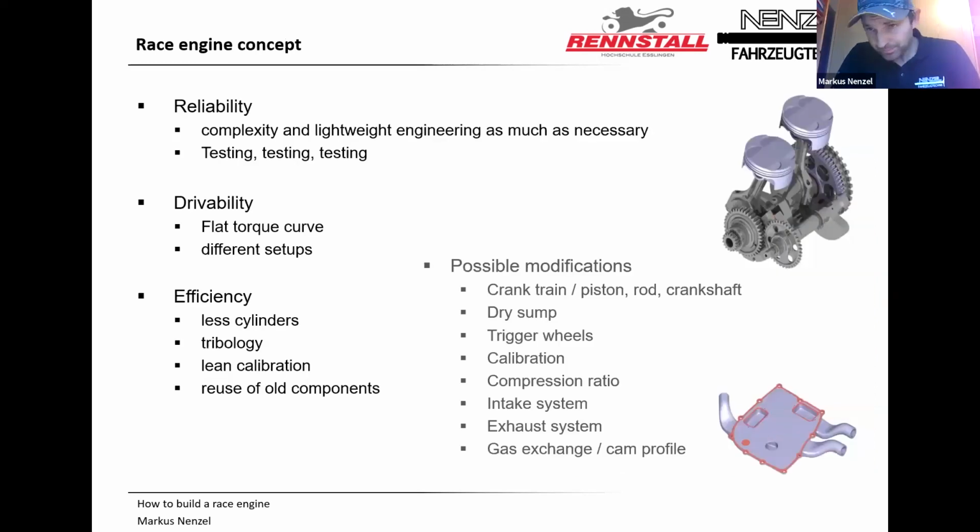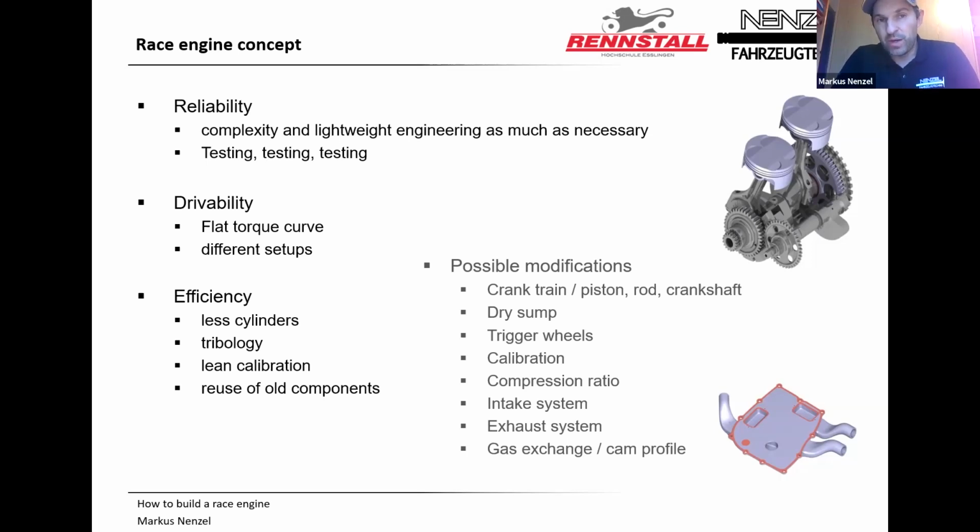Okay, here at the beginning, the race engine. It's just an overview to get some ideas. I have three main pillars: reliability, drivability, and efficiency. Reliability means you need a reliable concept, a reliable engine, otherwise you cannot test it, you cannot use it.